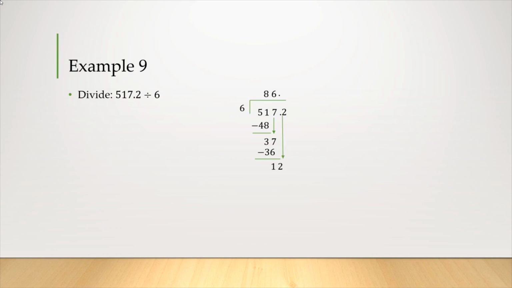So how many times does 6 go into 12? Twice. 2 times 6 is 12. So then you subtract. That gives us 0. We are done. Now, sometimes you might need to put extra zeros on the end, or you might have to put zeros as placeholders when you're doing this.